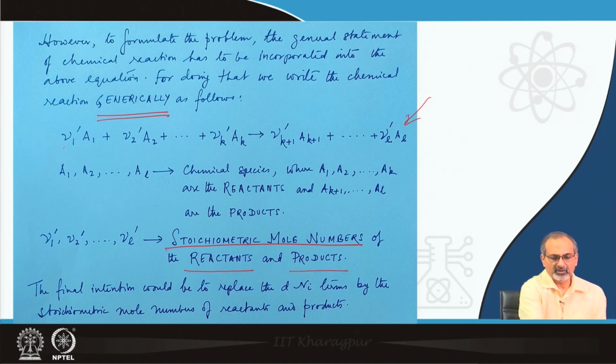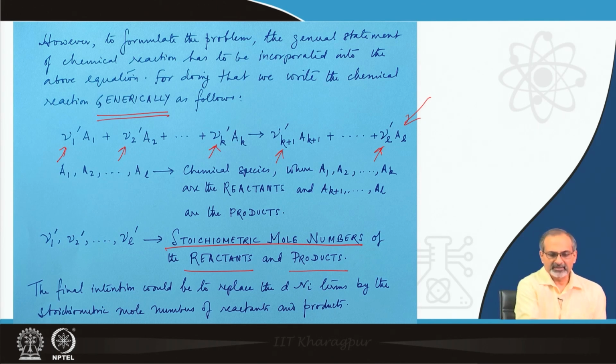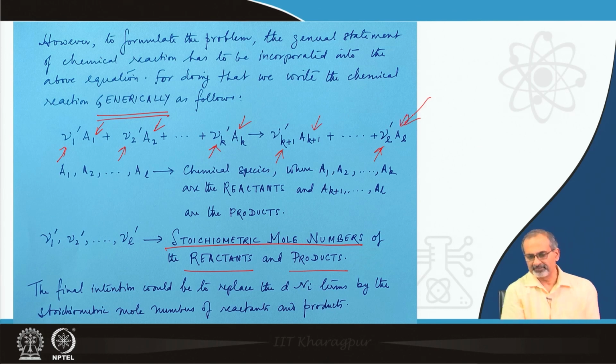All the ones which are on the left hand side are of course reactants, while the ones on the right hand side are the products, and there are L number of them. While the Ai's are the chemical species, the reactants are again shown on the left, while the products are on the right.